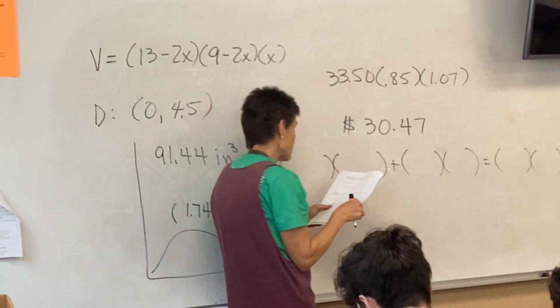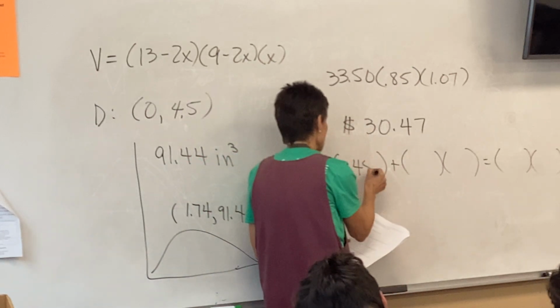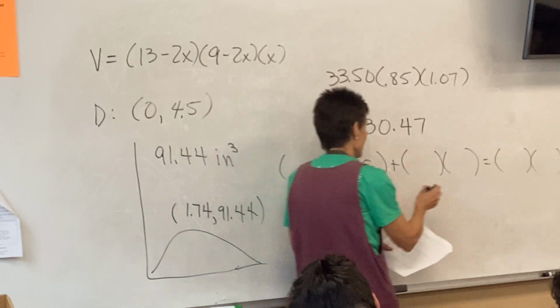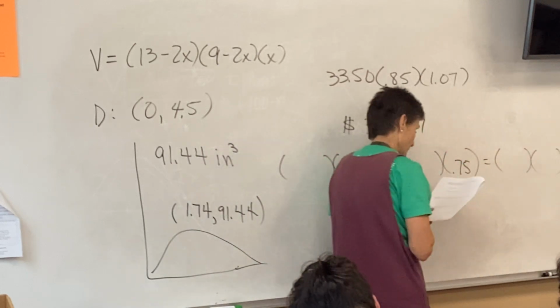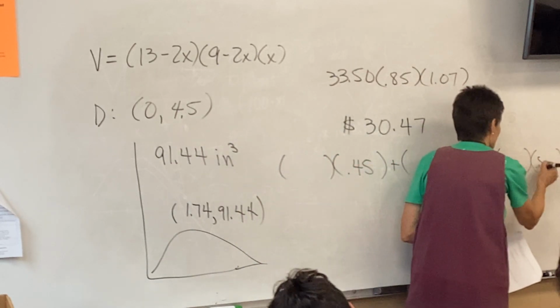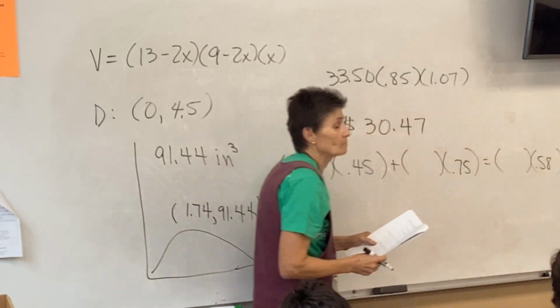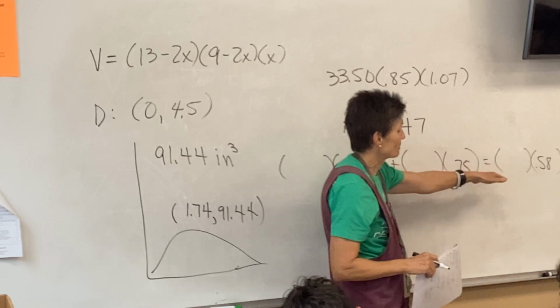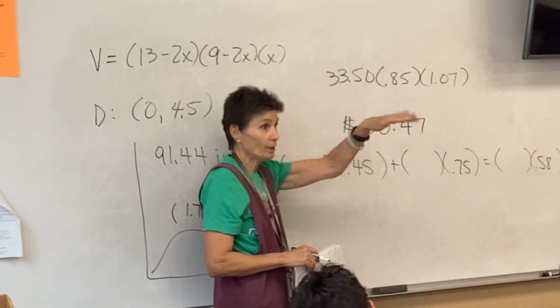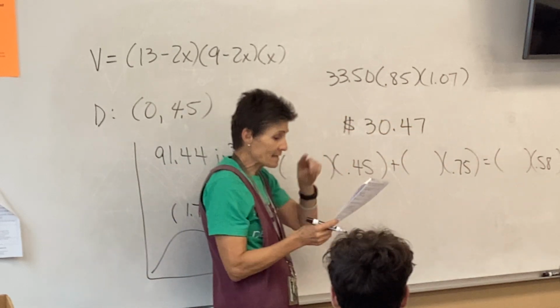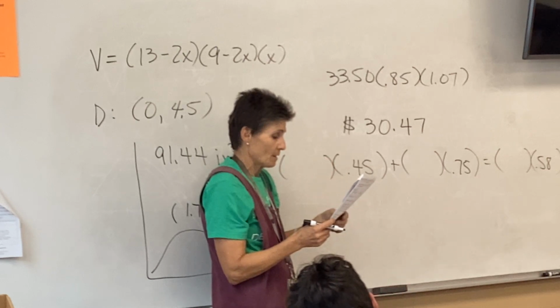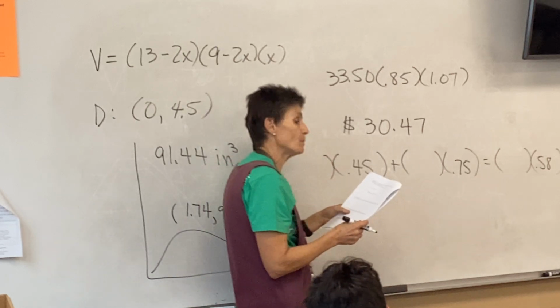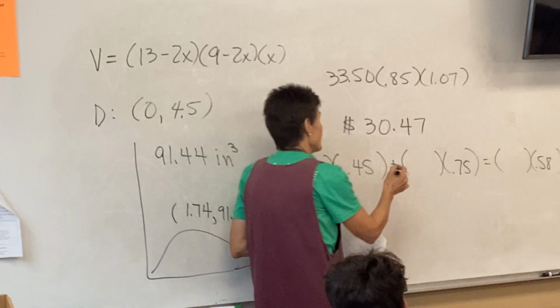So our percentages are 45% and 75% and 58%. Amount times percent, amount times percent, amount times percent. Good? Now what's the other number in the problem? 32. And the 32 is going to go with the 75.